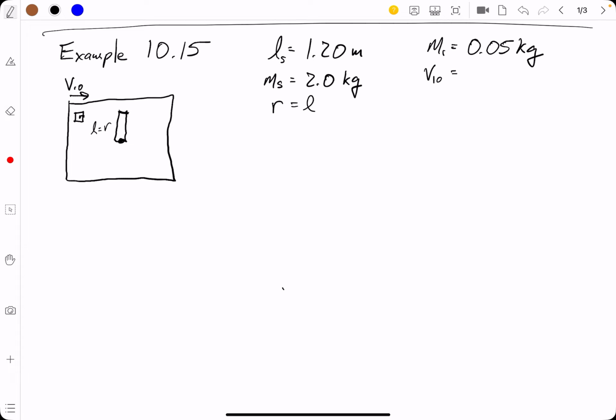It happens to just have a velocity, and it's going to come in and stick to the stick. They're going to glom onto each other. What does that mean? That means it's an inelastic collision. And it's coming in hot, 30 meters per second. That's pretty much all the stuff that we need.